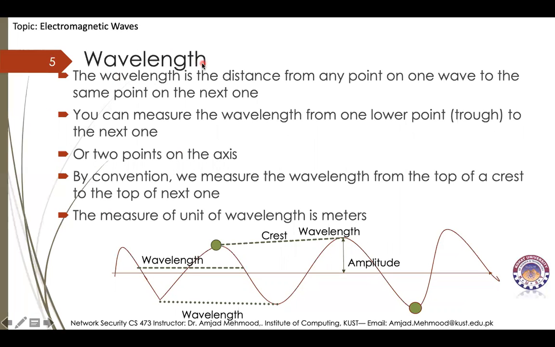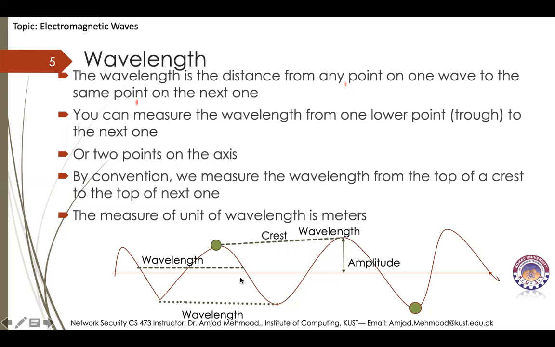Now, let's come to another property, that is wavelength. The wavelength is the distance from any point on the wave to the same point on the next. You can measure the wavelength from one lower point to the next lower point, or from one trough to another trough.